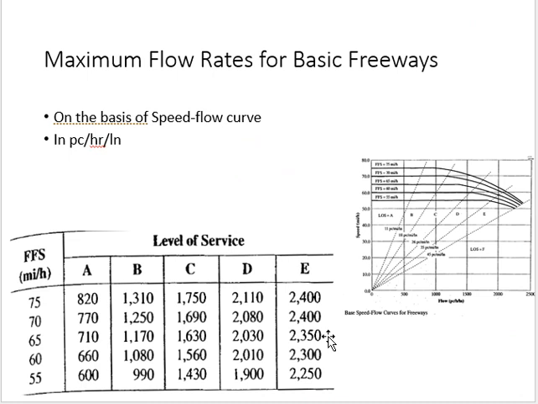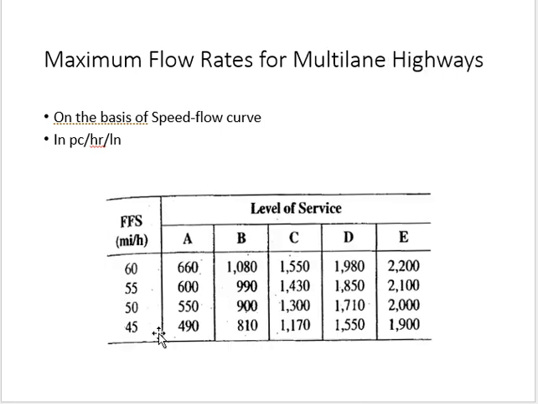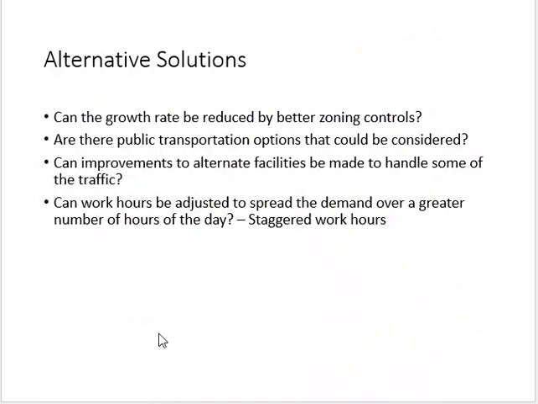So when the speed is 65, this much is for level of service A, then for B and C and so on. These values are given, so since I don't have to plot the curve, I can apply this method as well.